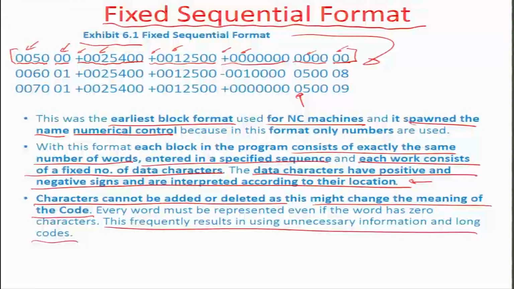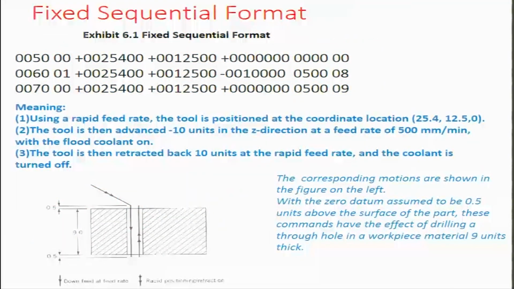Programs may run as high as 1000 pages in some applications. So there are certain aspects which are not so suitable to the fixed sequential format, and there are other formats which have been developed to take care of some of these issues.